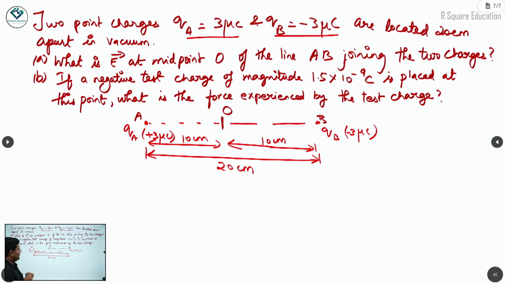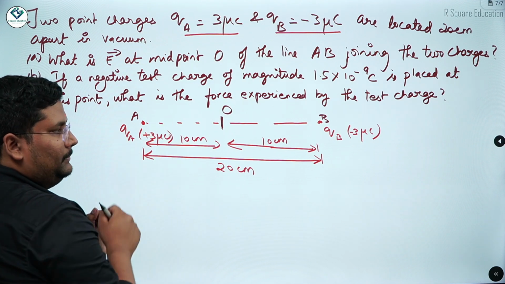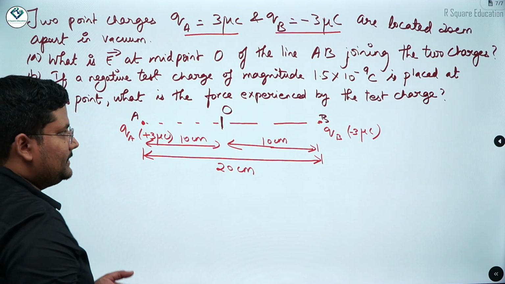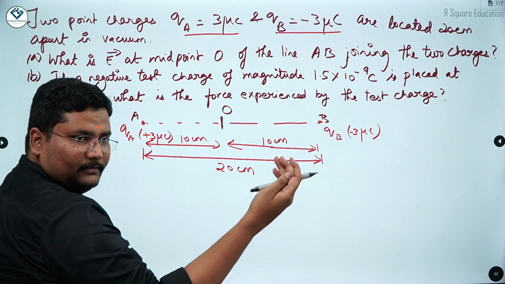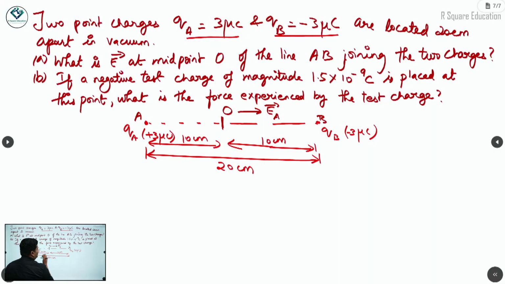The electric field at this point O is going to be because of both the charges, correct? Let me take first QA. According to QA, the electric field direction at O will be, we have seen lines of force, right? It is a positive charge, so obviously it will move away. So the electric field due to A will be towards OB, correct?